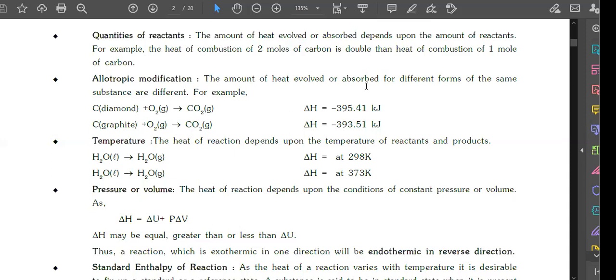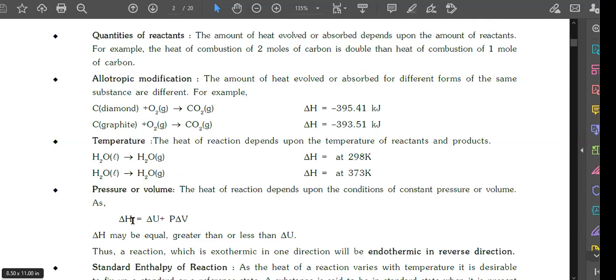Now, allotropic modification: if we have different allotropes, then there will be different energy. Temperature, same thing. If a reaction is carried out at different temperatures, the change in energy will be different. Now pressure and volume we have already studied.